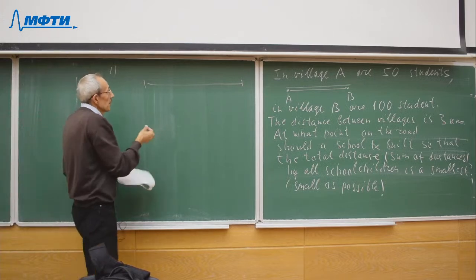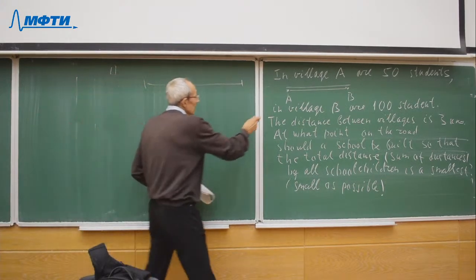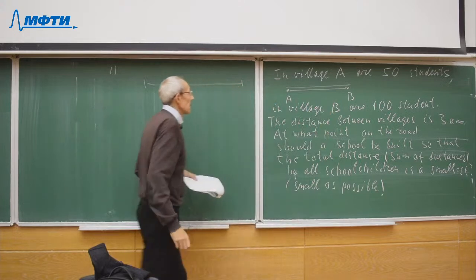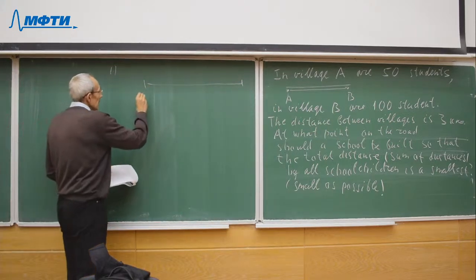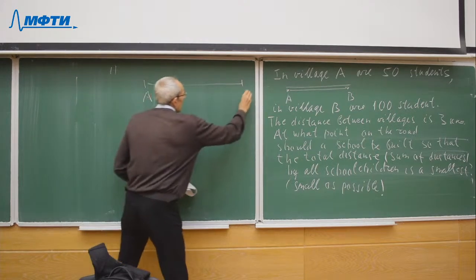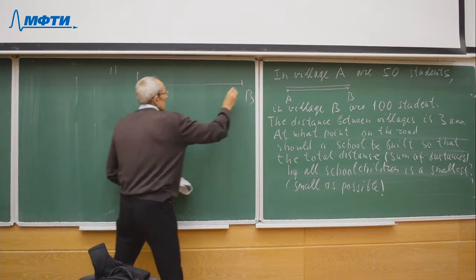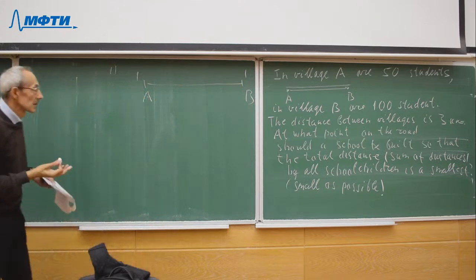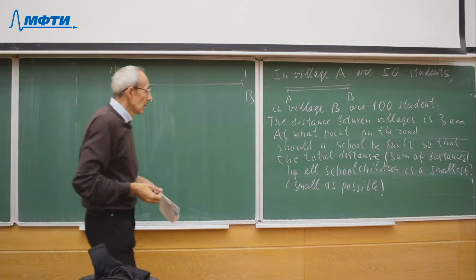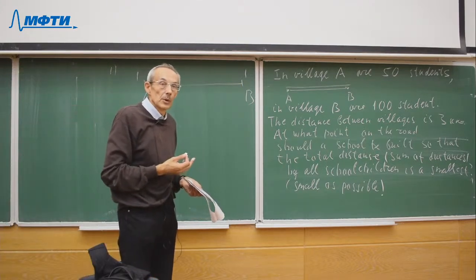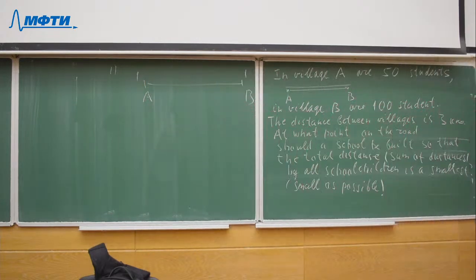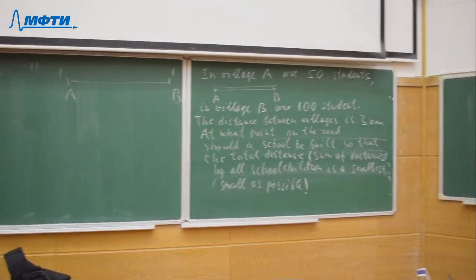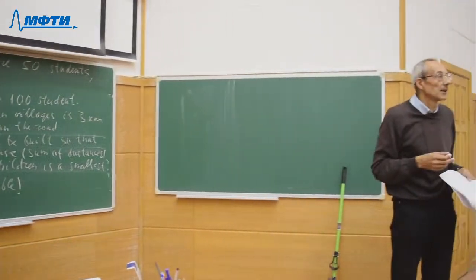The question: if in A and B live only one school child, there one and there one, where should the place for the school be? Maybe one more variant.